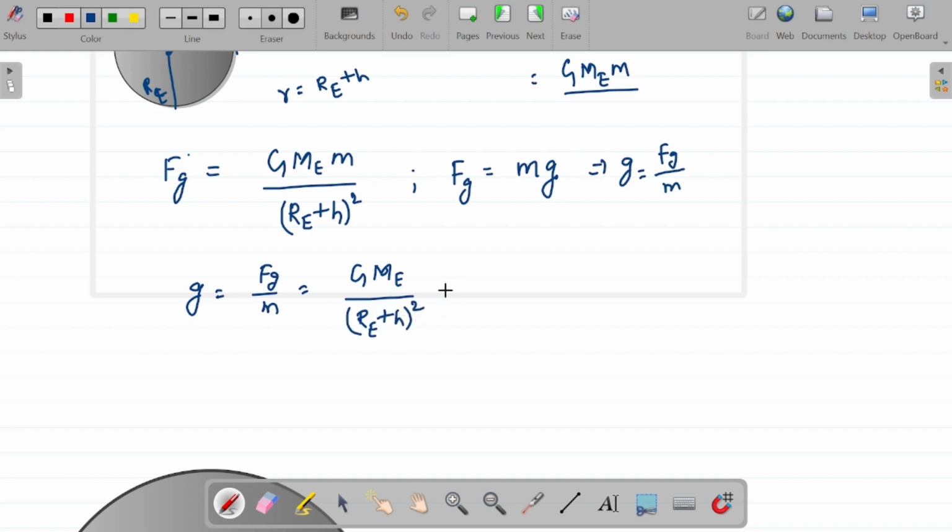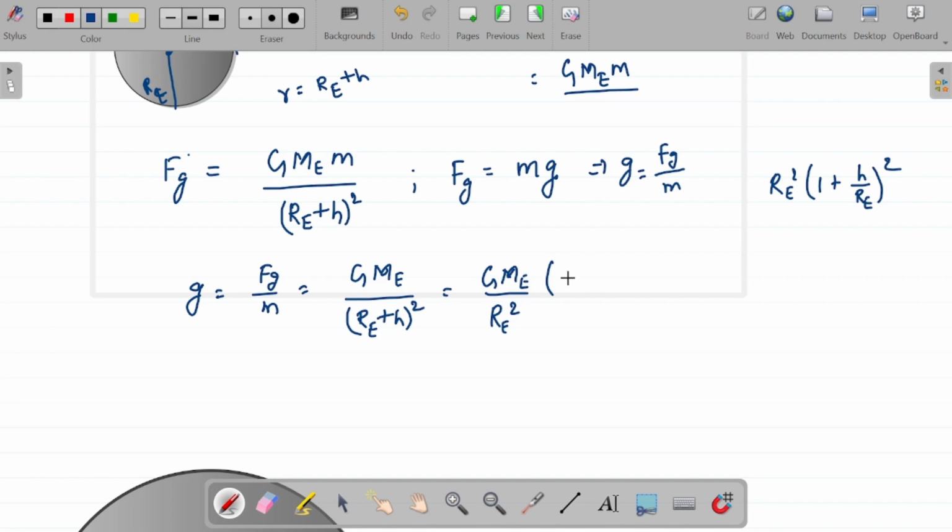Now we can further simplify this scenario. Here we have G M_e, and we can take r square common, so here R_e square common. Then if we are taking R_e square common, we will have 1 plus h by R_e and the square of this thing.